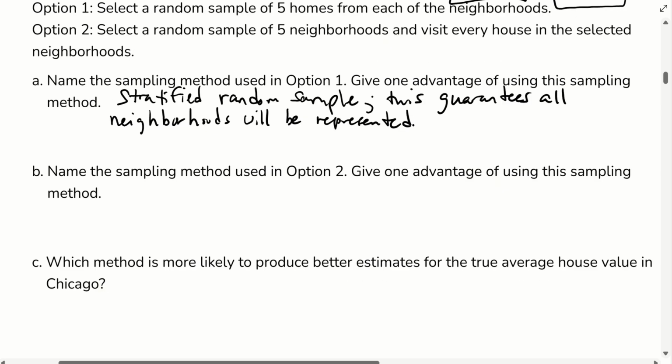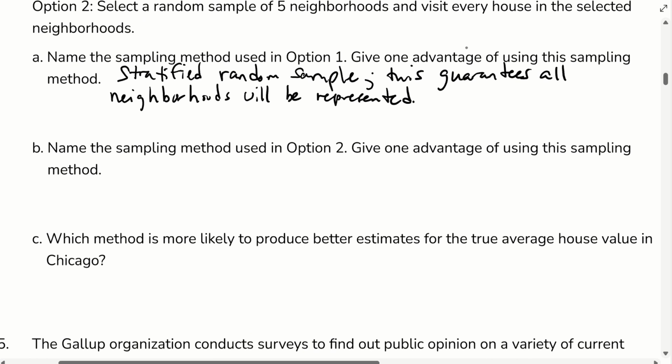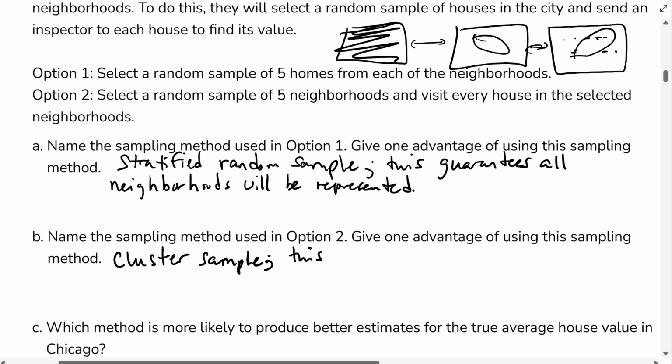Okay, so this is a cluster sample. And since you're doing everybody in those selected neighborhoods, it makes it a little bit easier because you don't have to go to every single neighborhood. You only have to do the neighborhoods that you selected, and so it makes it more efficient.